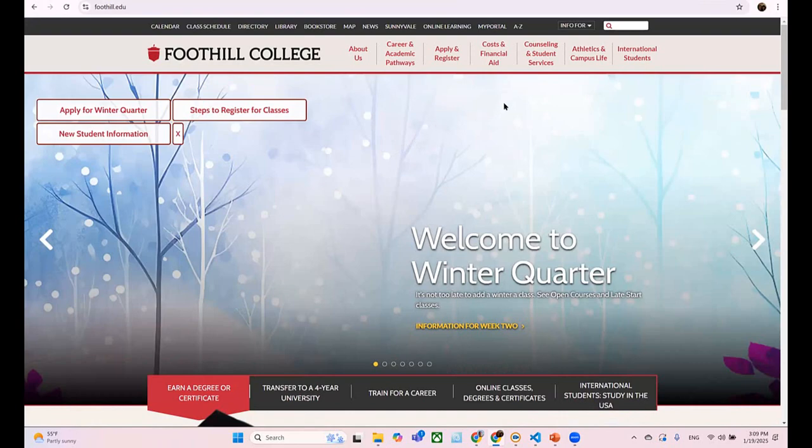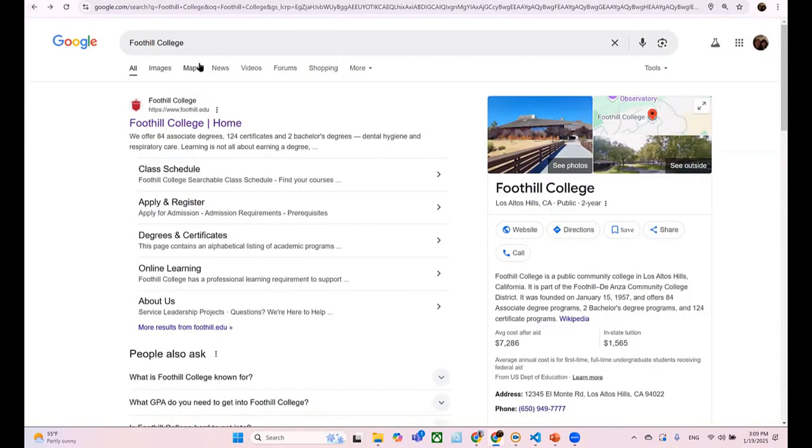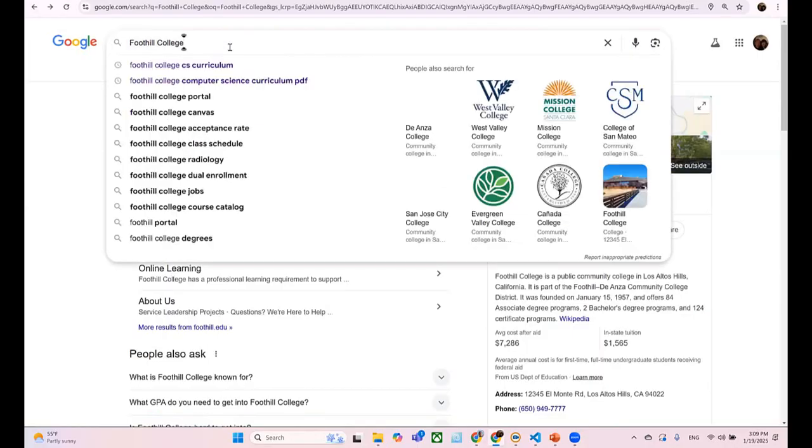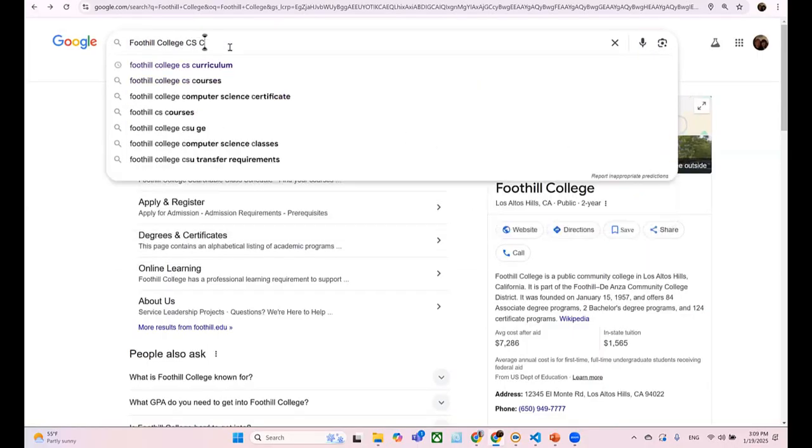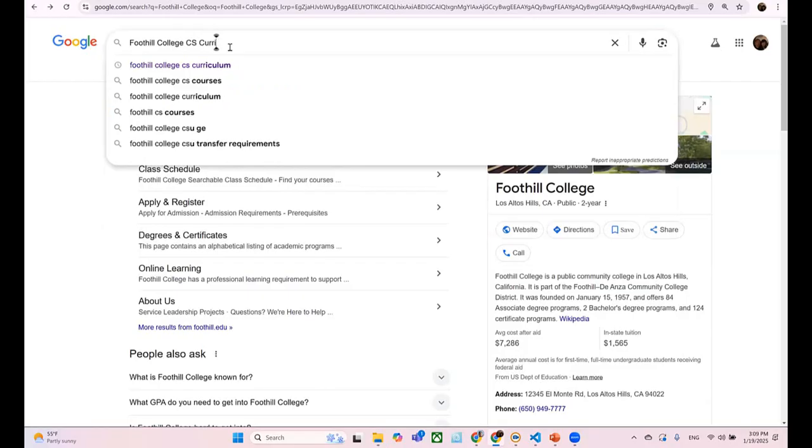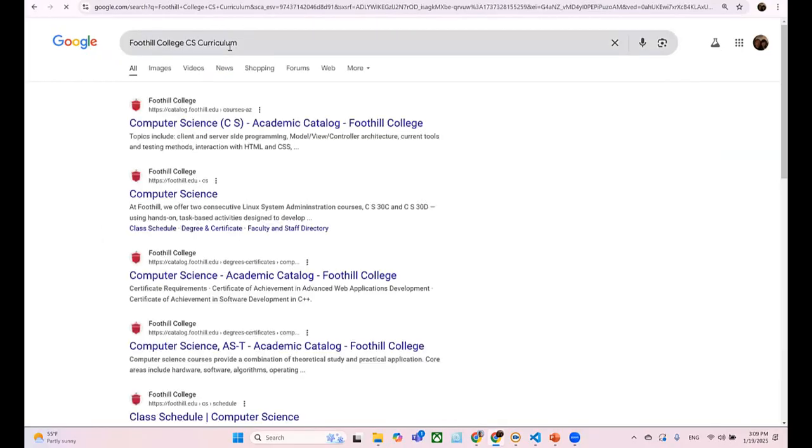It's free for California students. They do have online ones, and you say CS curriculum. Out of state, I don't know. You have to check with them.